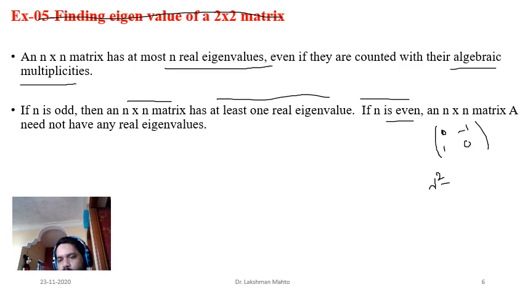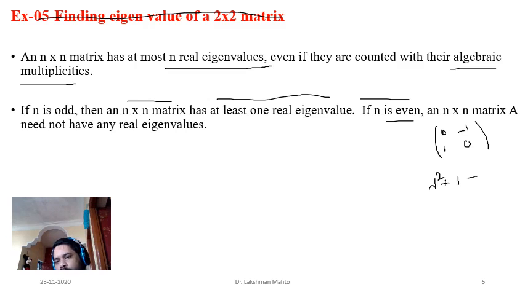That means the linear factor lambda is not there, and the last term would be plus the determinant of A. If you find the determinant, it would be 0 plus 1, so the determinant of this matrix is 1.